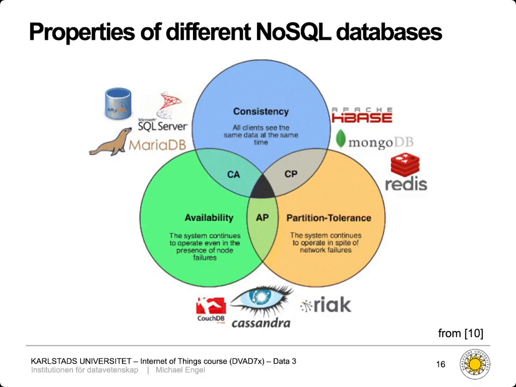And you see there's a large number of database solutions out there supporting this. And depending on what you need, consistency and availability, consistency and partition tolerance, or availability and partition tolerance, you have a number of solutions. There's no real solution fitting in the middle, at the intersection of all three, that would be a too complex solution, I guess.